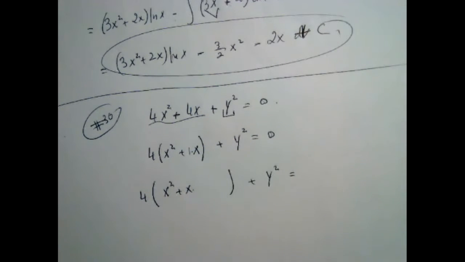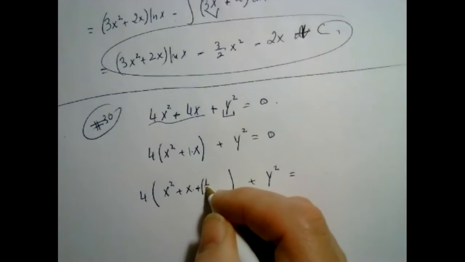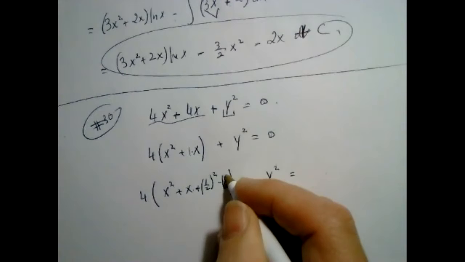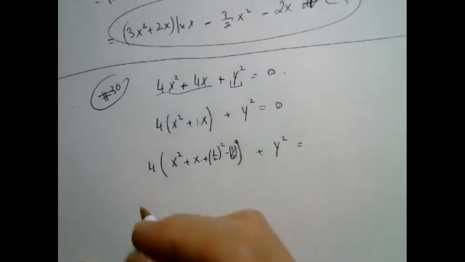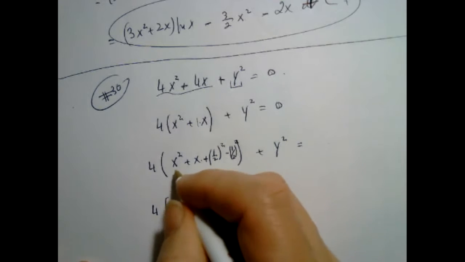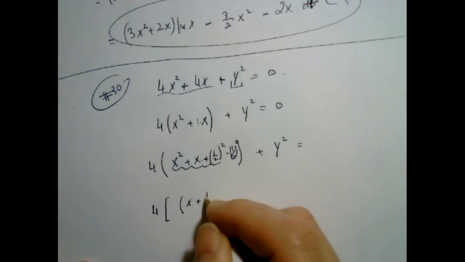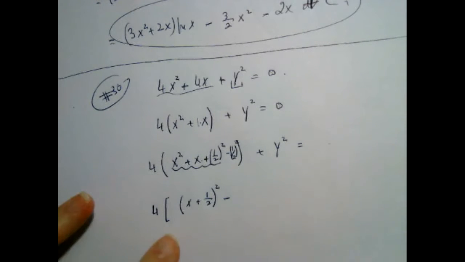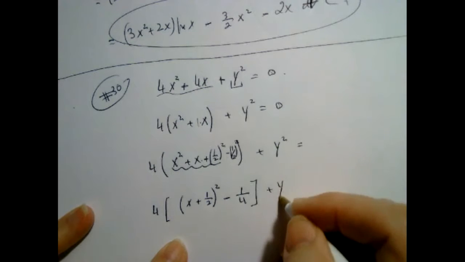So to complete the square, I have to take the coefficient of x, which is 1, divided by 2, which is a half, square it and add it, and then take it away. And now this is going to give me 4 times x squared plus x plus a half squared, that will give me x plus a half to the power 2, minus a half squared, it's 1 over 4, plus y squared.